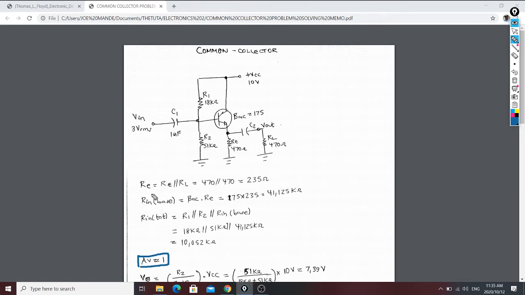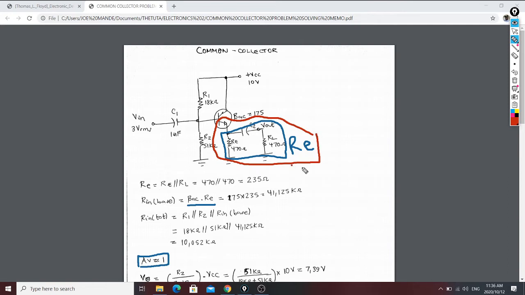Okay, so when we calculate, we are going to see that here you have a parallel between R load and RE, so this will make our RE. Okay, so when you are going to calculate your R in base, you are only going to consider this circuit. And why did you consider that?